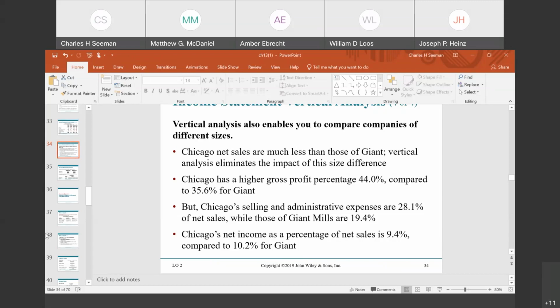And Chicago's net income as a percentage of net sales is less than Giant. So Giant is making 10.2 cents of every dollar generated in revenue to net income, to profit, whereas Chicago is only producing 9.4 cents of profit or net income for every dollar generated in revenue.